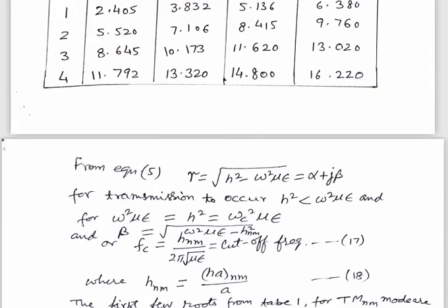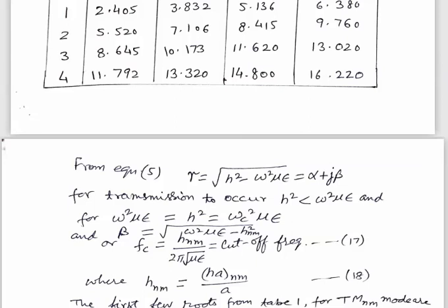Now from equation 5 we have considered gamma square equal to h square minus omega square mu epsilon, from which we will now write down the equation for the propagation constant gamma, which is equal to alpha plus j beta.